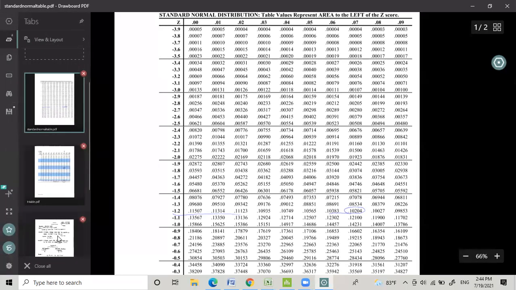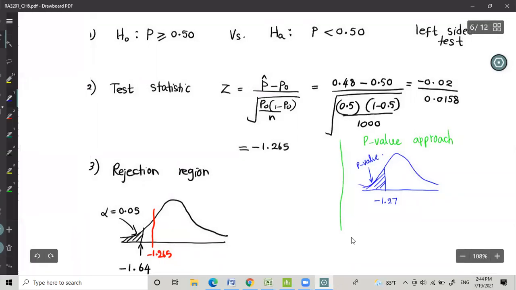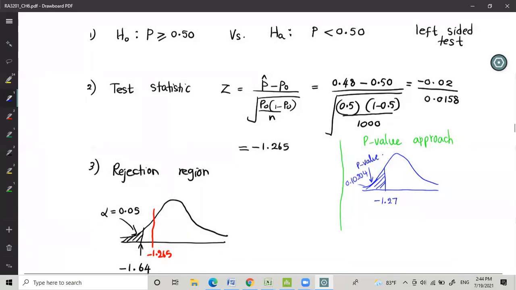So let's write it in our document. For negative 1.27, it is 0.10204. So that is the p-value.